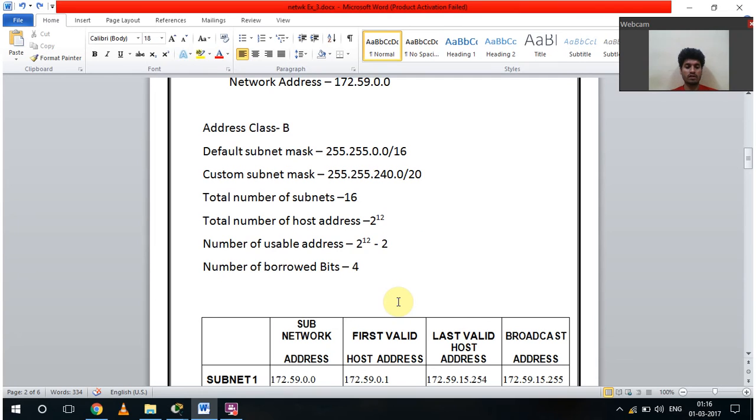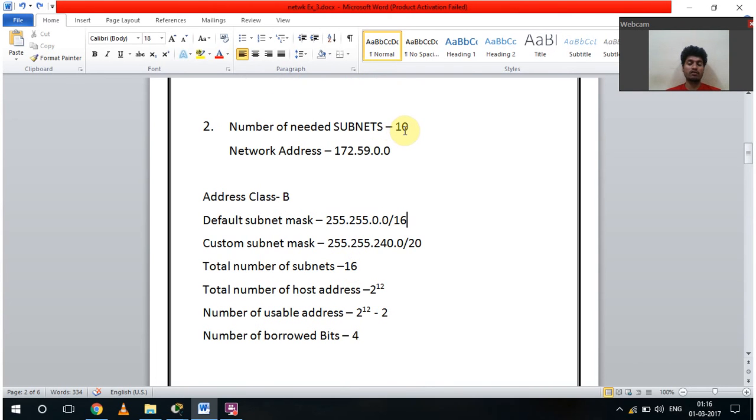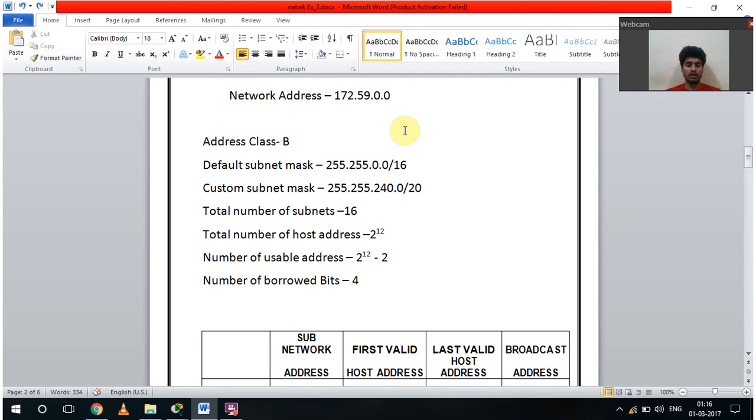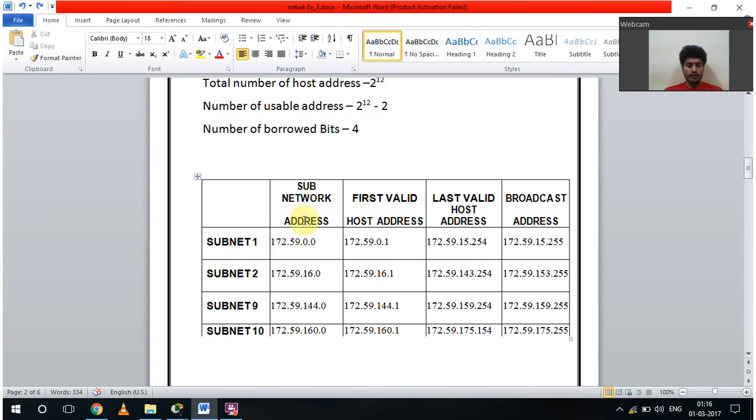And the number of borrowed bits will be 4, because 10 subnets are required to be made. Now for the first subnet, the address will be 172.59.0.0.